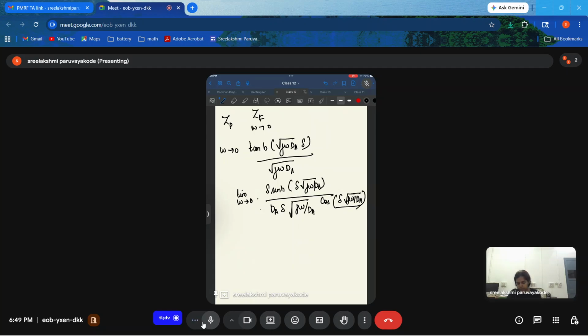Okay, this is the expression we get. Now I can take del by dA outside, and this becomes limit omega tends to 0 of tanh x by x, where x becomes root of j omega by dA into del. So this is x. So this becomes del by dA.